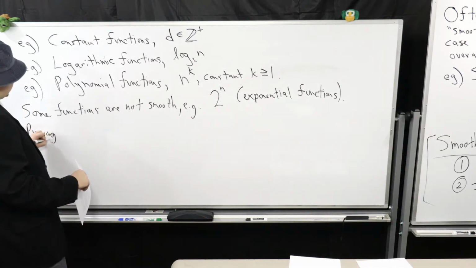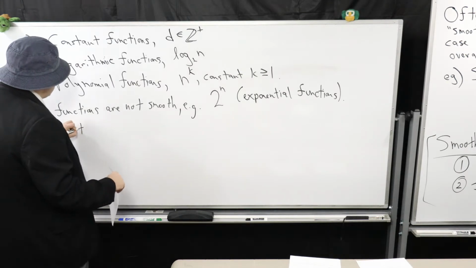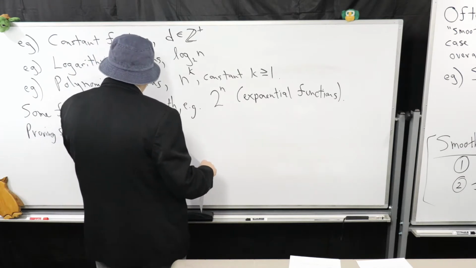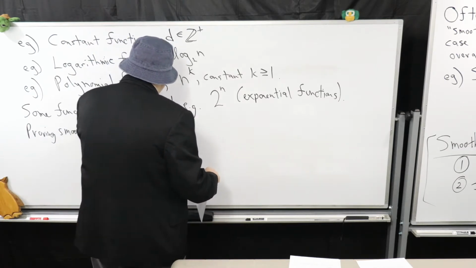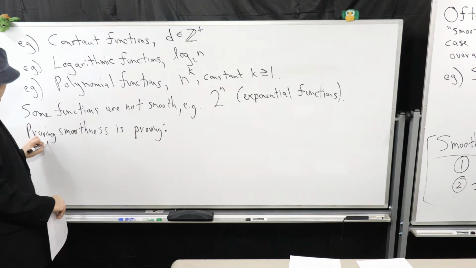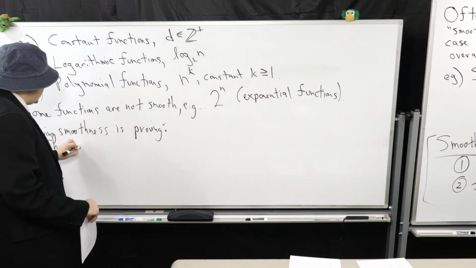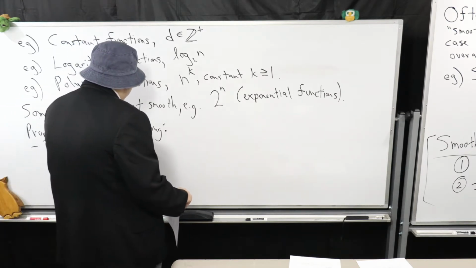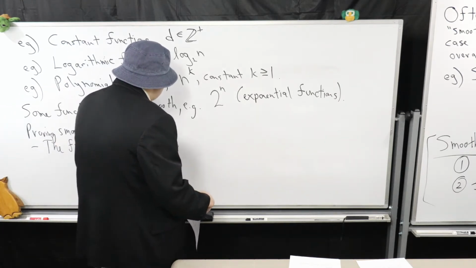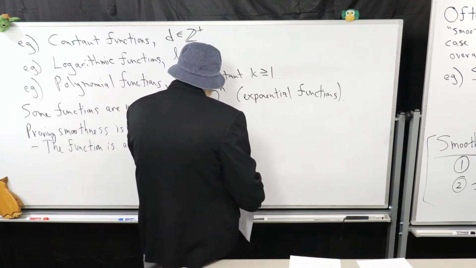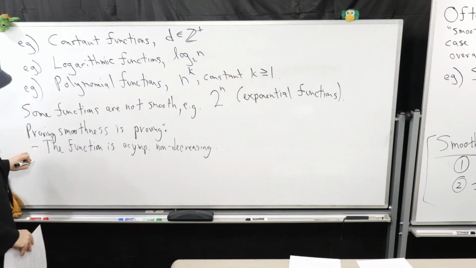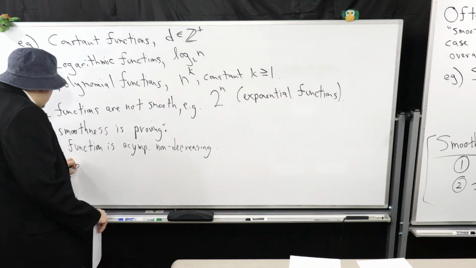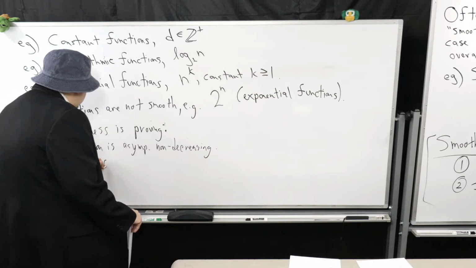So proving smoothness is proving two things. The function is asymptotically non-decreasing, and you're going to prove a big O claim.